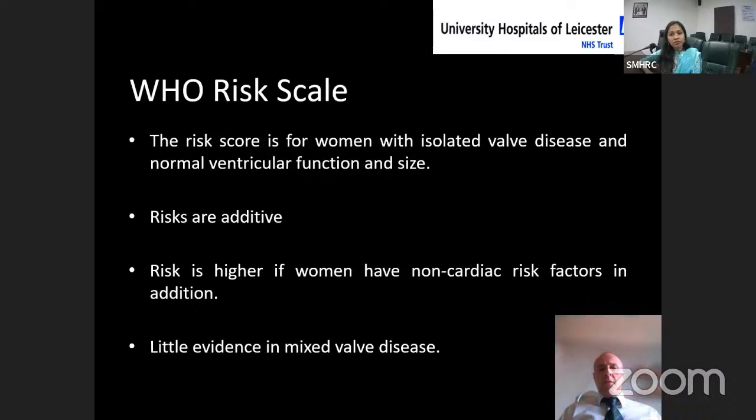The risk is higher if the women suffer from other conditions like diabetes, obesity, and others, and it will be additive in nature. Also, for patients with mixed valve disease, like mixed mitral disease, the risk is usually additive, although there is little if any evidence in the literature on how to calculate the risk in these conditions.